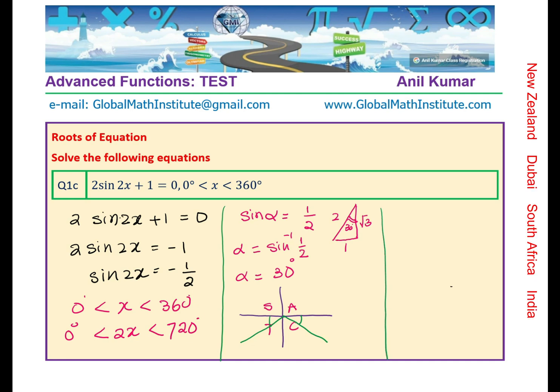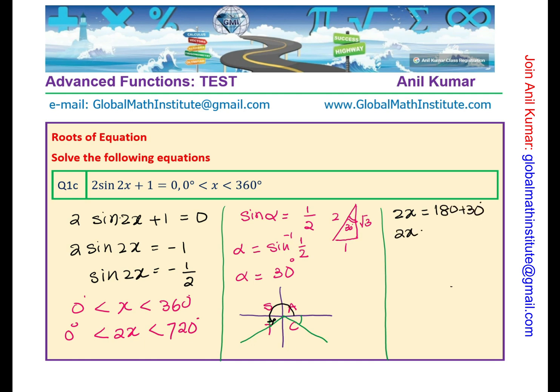And so we can write down that 2x is equal to what, right? So we have 2x is equal to this angle, which is 180 plus 30, correct? Or 2x is equal to 210. So x is equal to 105 degrees, correct?